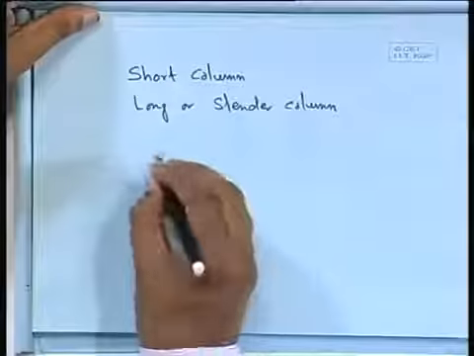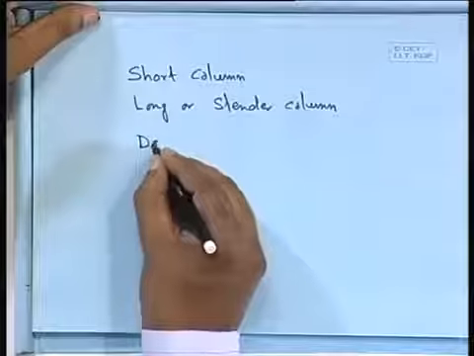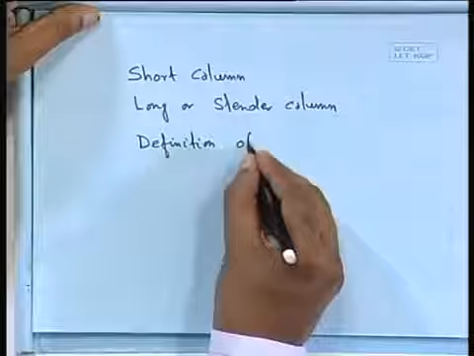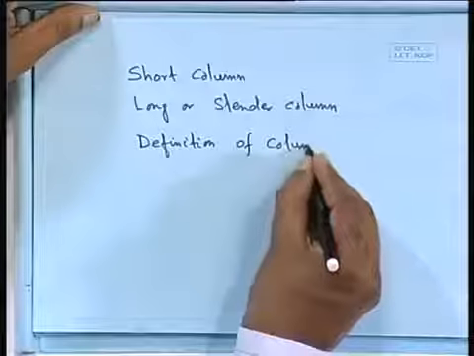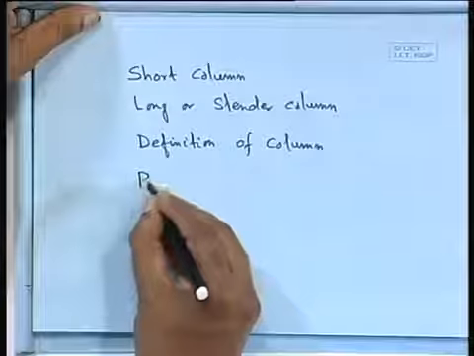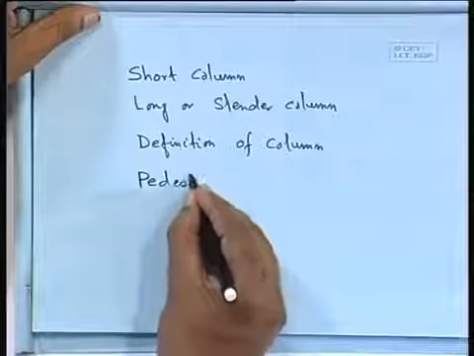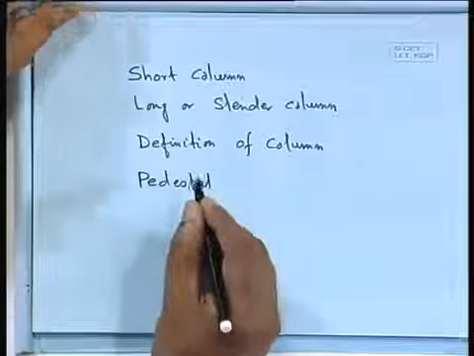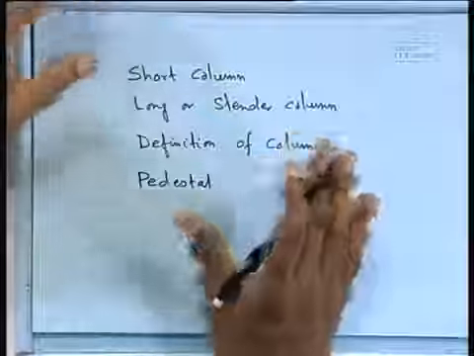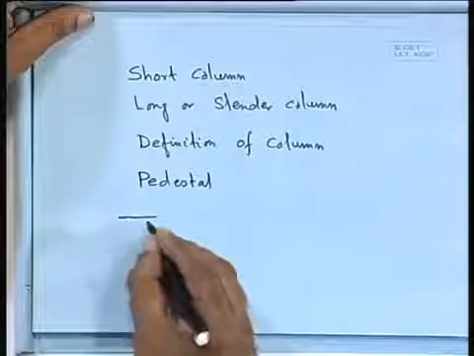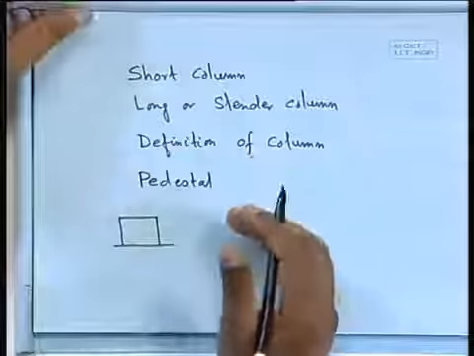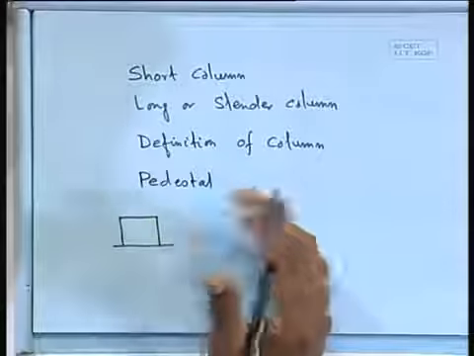Let us come to the definition of column. There is one more item, we call it pedestal. A pedestal is just a simple, short one with a certain dimension. You may use a pedestal for some purpose, maybe for a machine foundation or a different purpose.